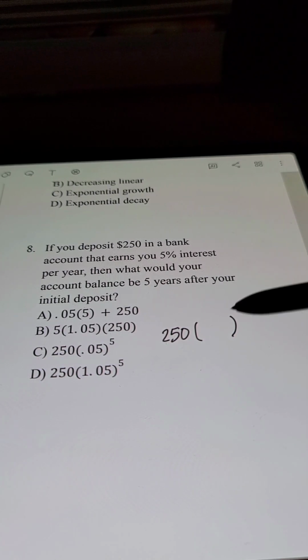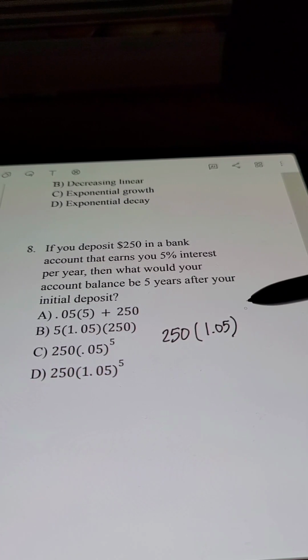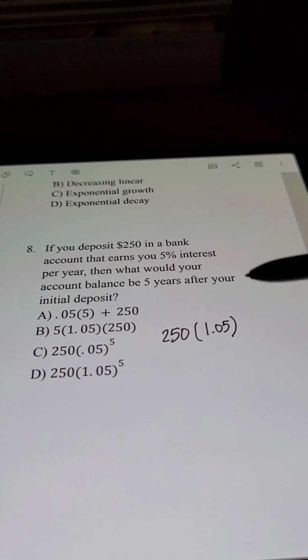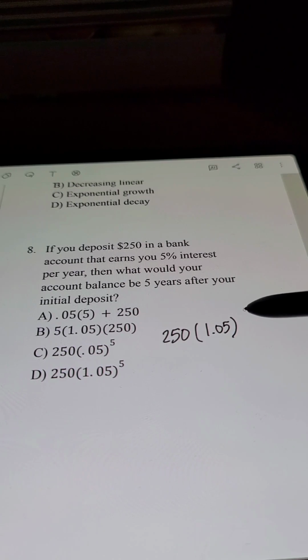So 105% as a decimal is just 1.05, and then we would raise it to whatever the time is, in terms of how many times we have to multiply 1.05 by 1.05 to get to whatever we're being asked. In this case, it would be 5 years.